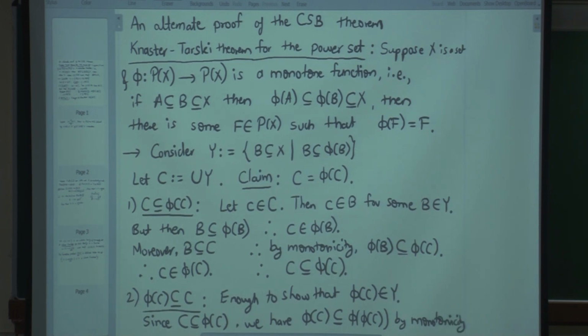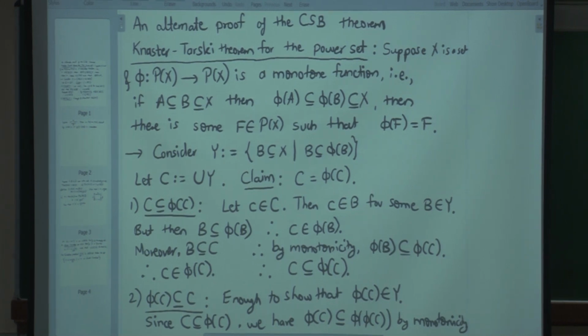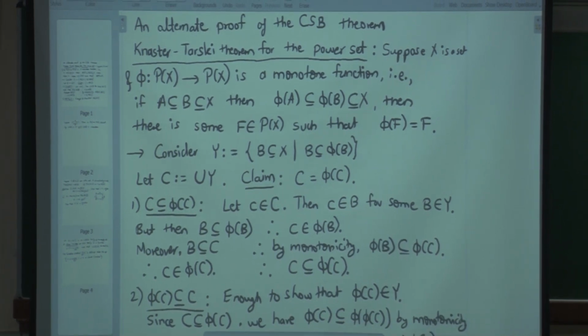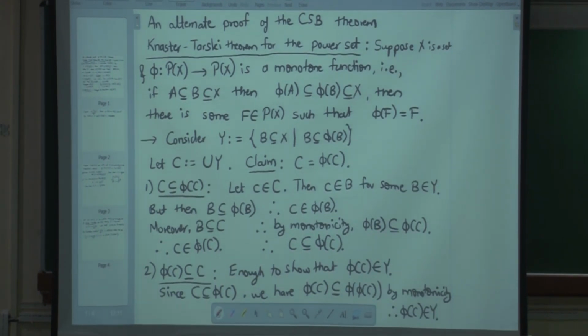What does that show? Phi of C belongs to Y, because that's precisely the definition. Therefore phi of C belongs to Y, and we have completed the proof.